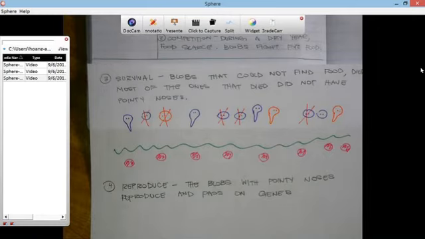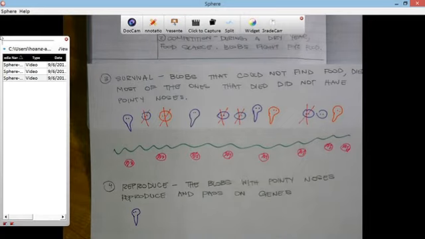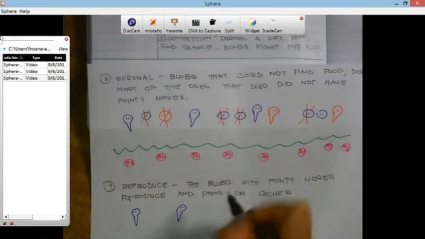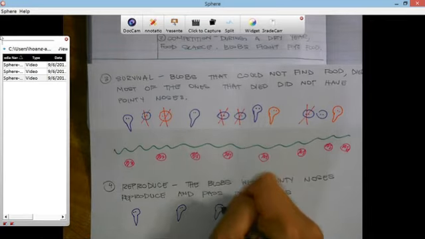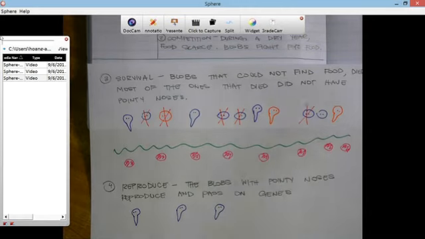So you have your blobs that were still different variations. So they were different colors.